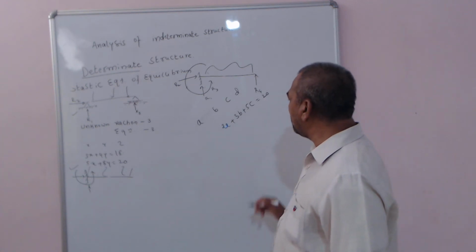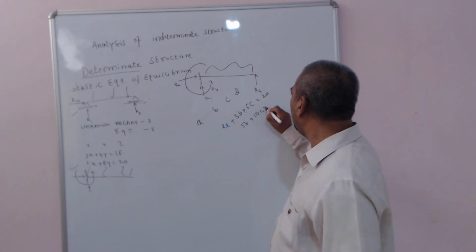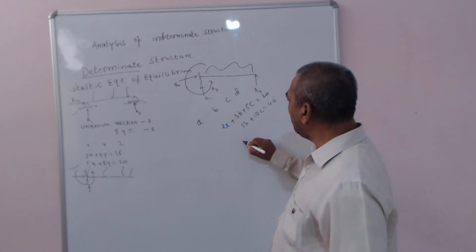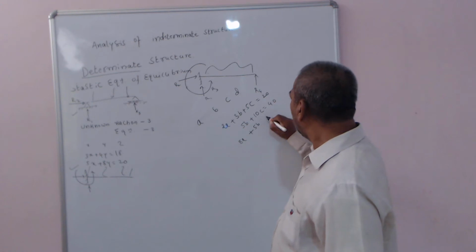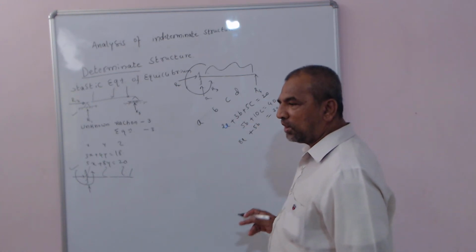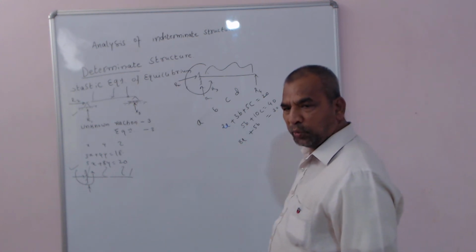This is one equation given to you. Next equation is 5b plus 10c equal to 40. One more equation is 8a plus 5b equal to 30. From these three equations he is asking you to get the values of a, b, c, d which are unknown to you.